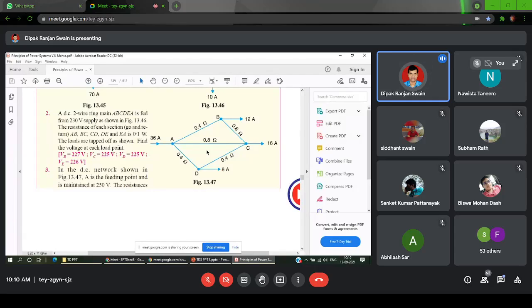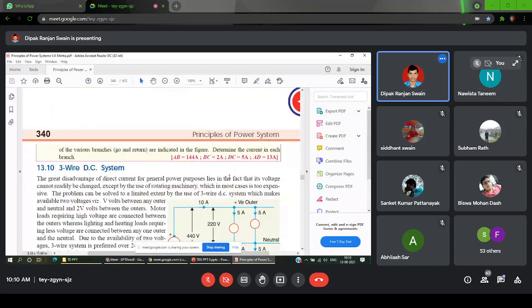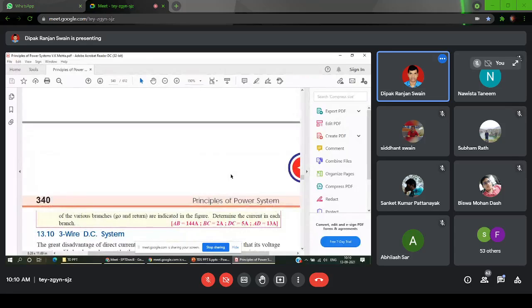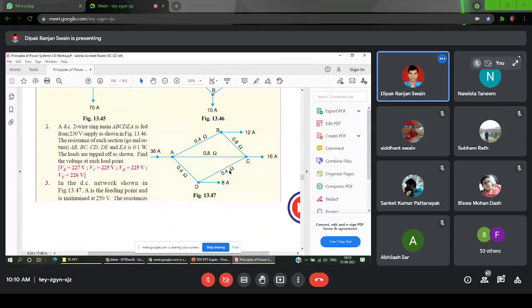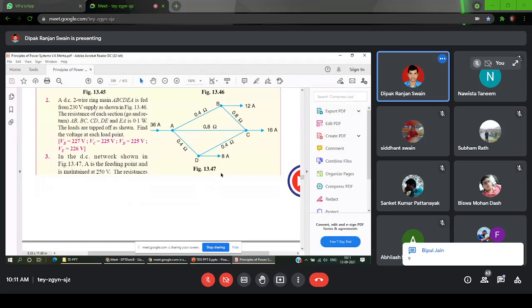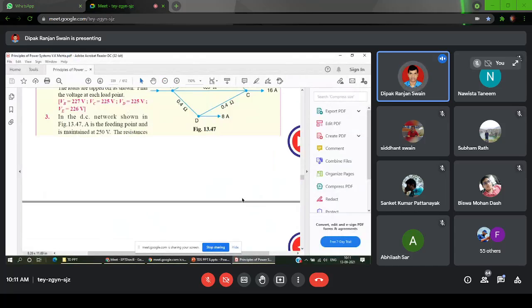Okay, now it is a simple circuit. Find out the current I. Nine ampere.